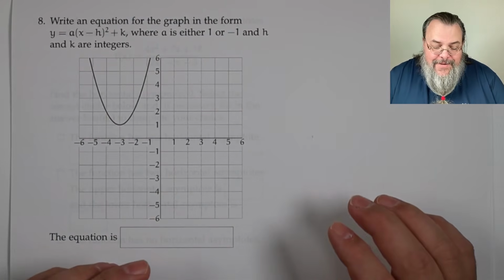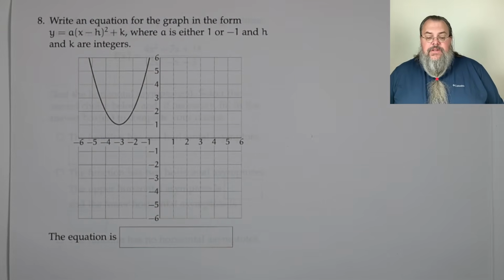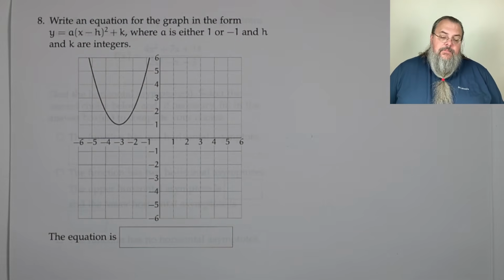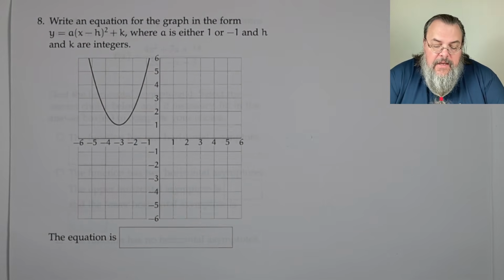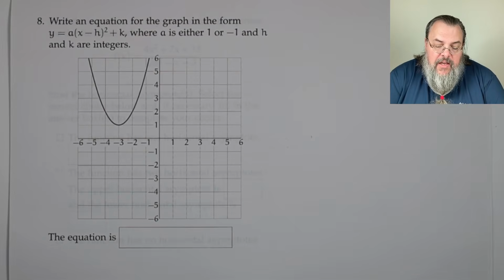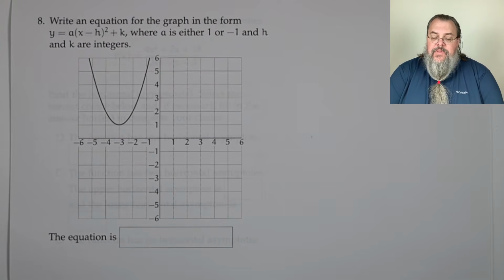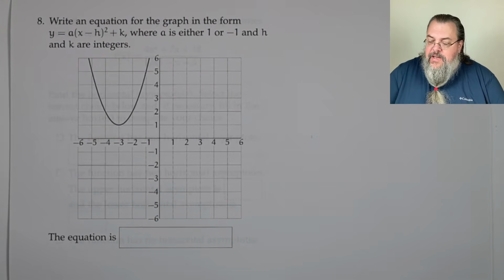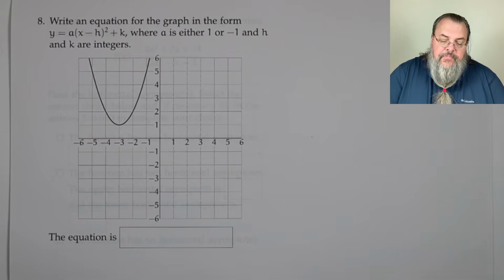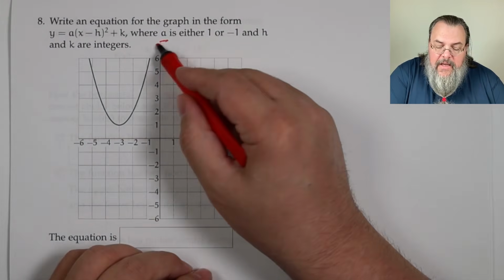Number 8. Write an equation for the graph in the form y equals a x minus h squared plus k, where a is either 1 or minus 1, and h and k are integers. Okay, so let's talk about the a. So how do we figure a?